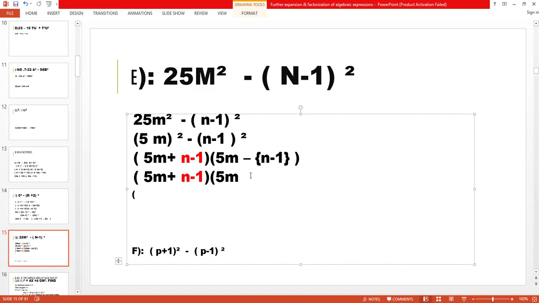Plus into minus, it is equal to minus. So I have to put this minus sign here. So minus, and minus into minus, it is equal to plus. Now look here, 5m plus and minus 1, 5m minus and plus 1. So this is how we have to solve the third identity.